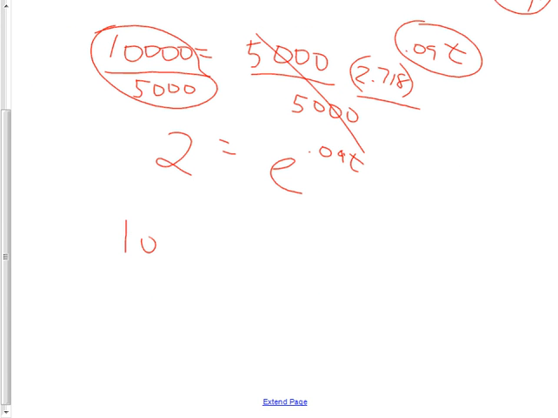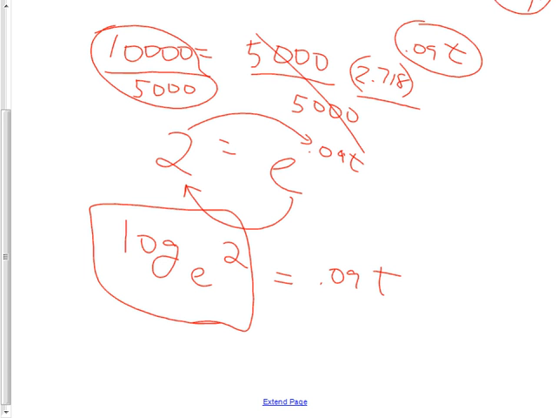Yes, you can. Log base E, also known as ln, of 2, and you always have to jump back and forth, equals that, 0.09t. T's almost alone. That a calculator could get for you. And then you divide by 0.09 on both sides. So from there, it's easy. Calculator does this, divide by 0.09.